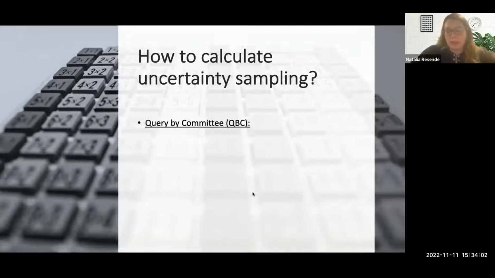For example, support vector machines do not return probabilities associated with their predictions, but they return the distance from the hyperplane, right? So query by committee is a strategy that can be used for models that do not return probability scores.